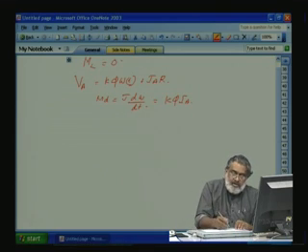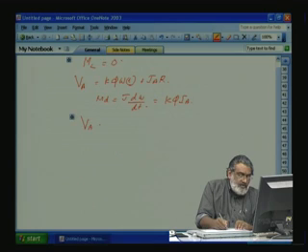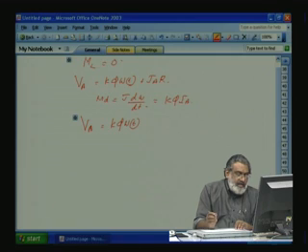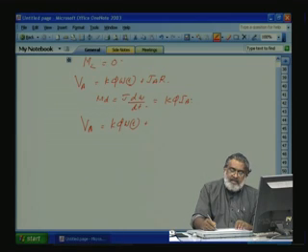Now substitute this into the equation, Va is equal to K phi omega t plus, now let us take what is this Ia.